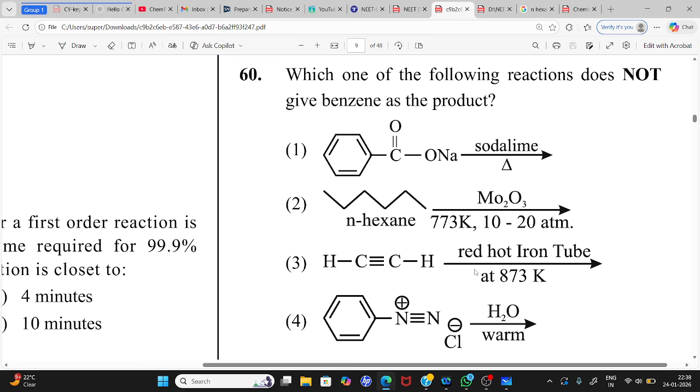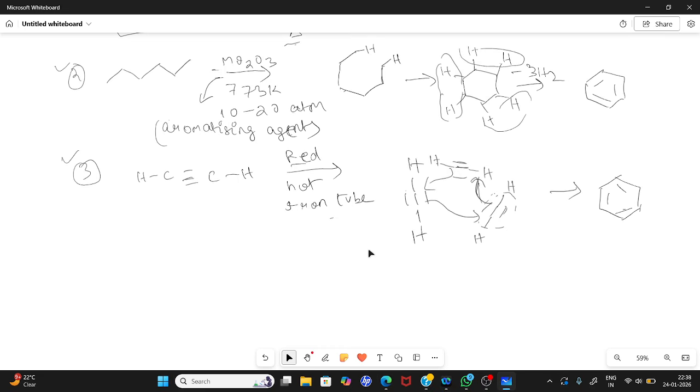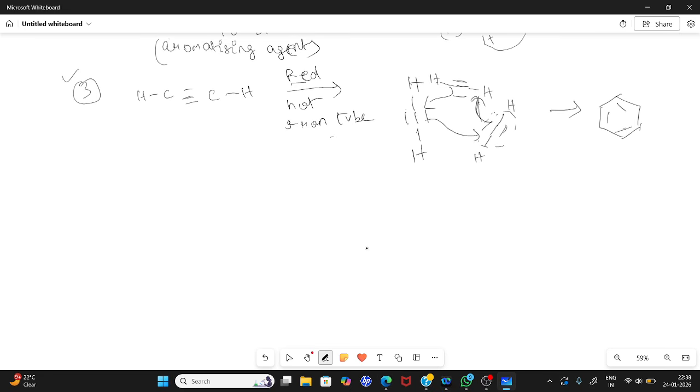So you see the last one is a diazonium salt. This is called a diazonium salt, and H2O in warm conditions is given. So in case of a diazonium salt, this is already in the form of a very good leaving group.